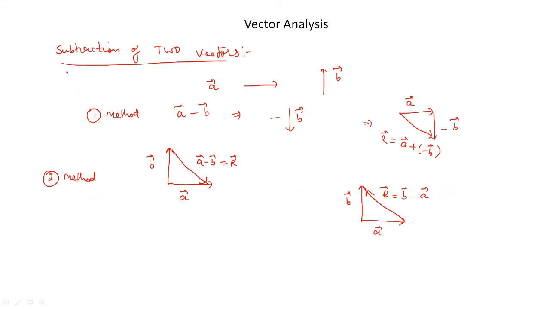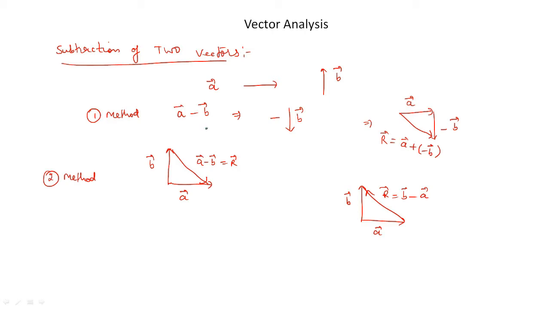Now we will learn how we can subtract two vectors. Here let us say that a vector A is in the east direction and vector B is in the north direction. Now there are two methods of the subtraction of vectors.